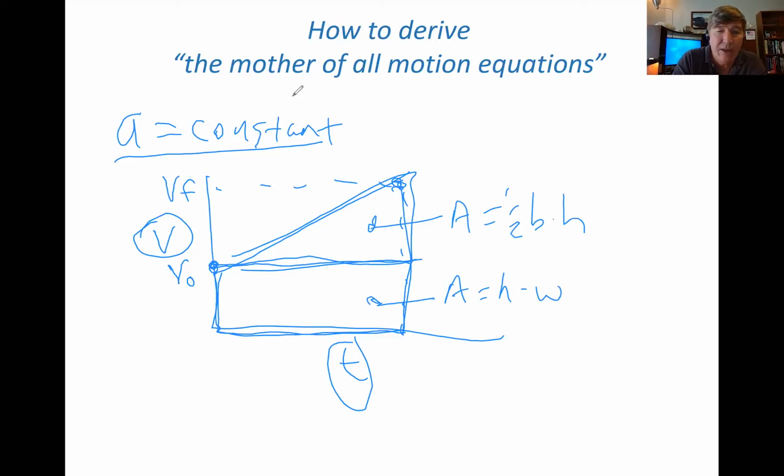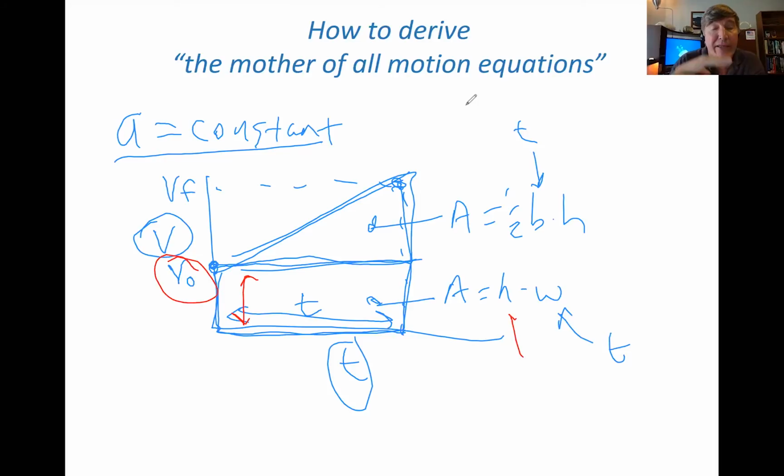So this distance right here, that's how much time it took. That means the width of our rectangle is going to be t, and the base of our triangle is also going to be t. The height of our rectangle is going to be V naught.